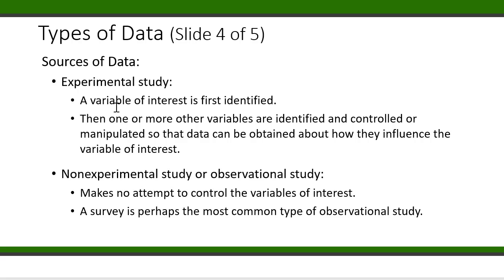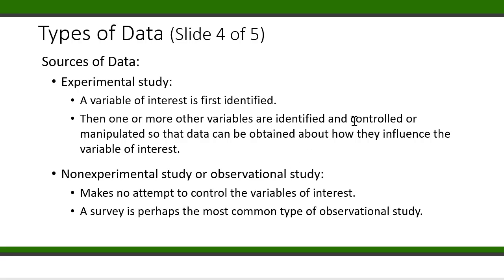For us, the main thing is that the variable you want to look at has been identified. Then one or more other variables are used for control or manipulated so the data can be obtained and you can see how that influences your variable of interest. So an example might be, let's say we want to look at test scores in Excel.